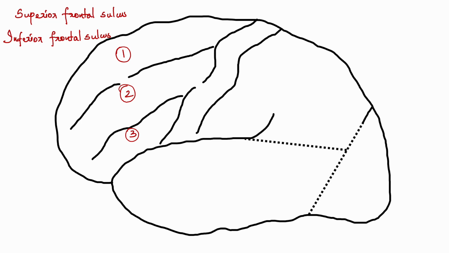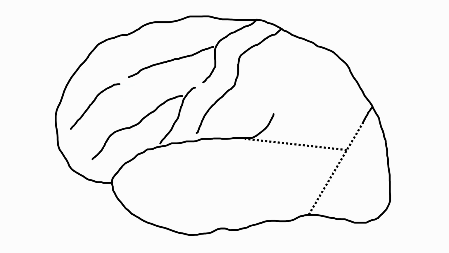Now we can see the details of the lateral sulcus which are present on this particular surface. We have already identified the posterior ramus of the lateral sulcus. Now we will identify the rest of the rami of the lateral sulcus. They are the anterior horizontal ramus over here and the anterior ascending ramus which is shown over this particular area.